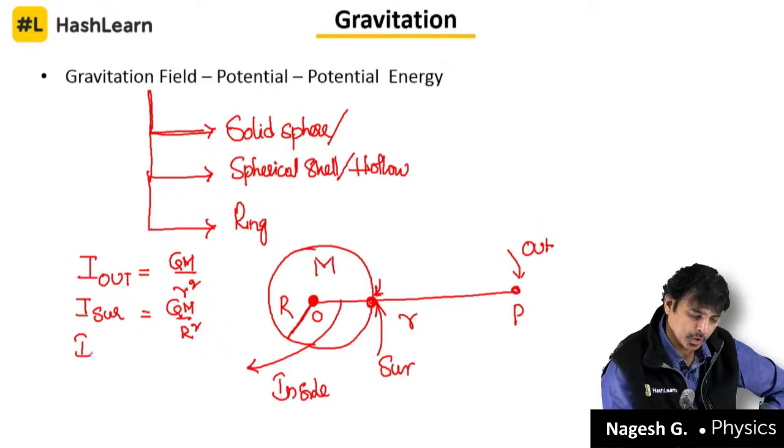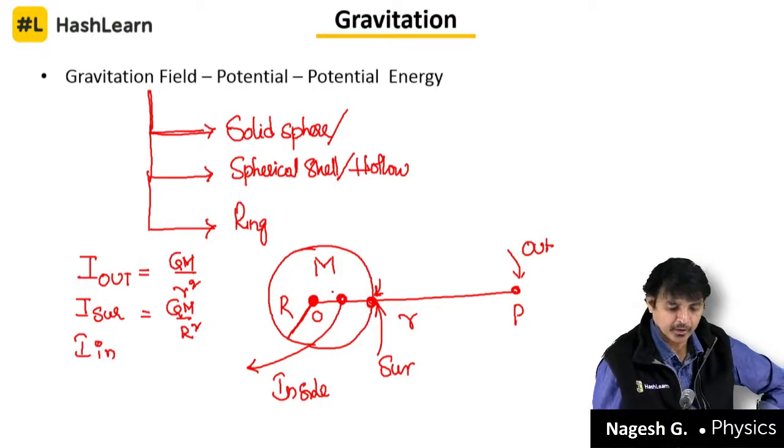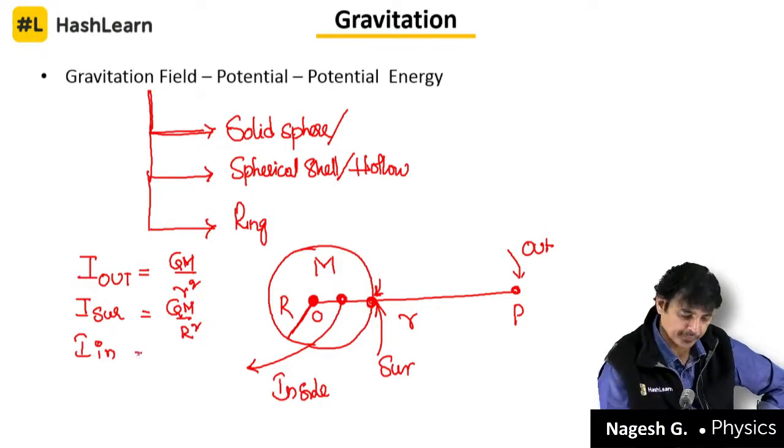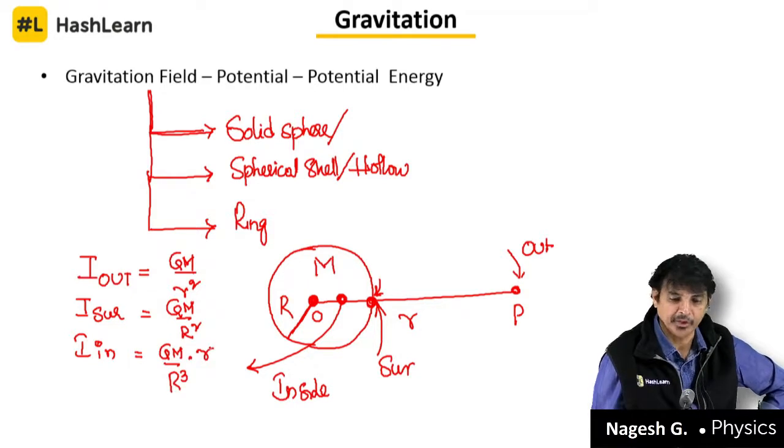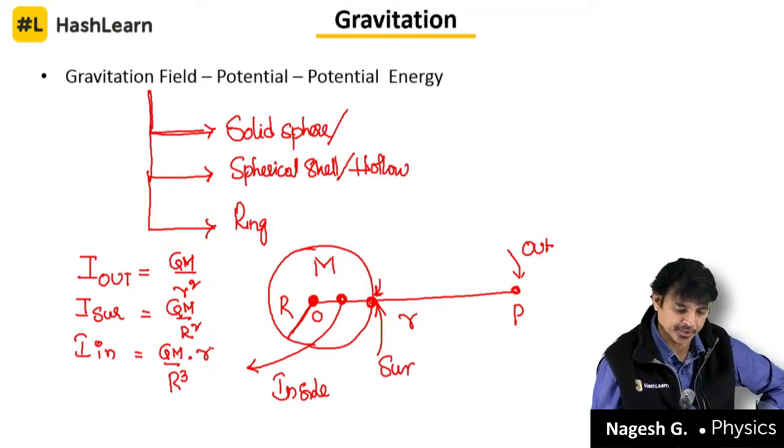Now you are bringing it inside. I am dealing with this inside point. When it is brought inside, it is given by GM by R cube into small r. Inside the solid sphere it is given by GM by R cube into small r.